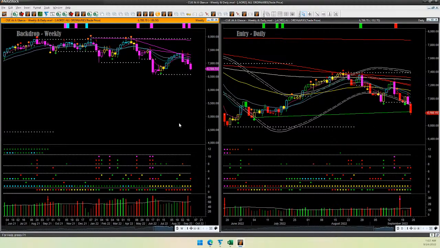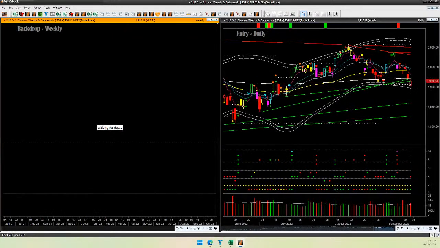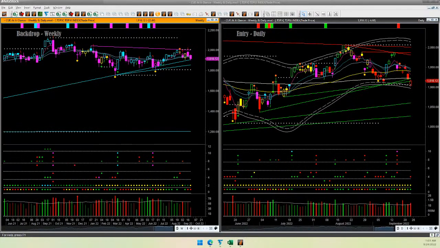What about Japan's Topix index? I'll make the same comment for weekly. Backdrop color is bearish, shape is bearish.